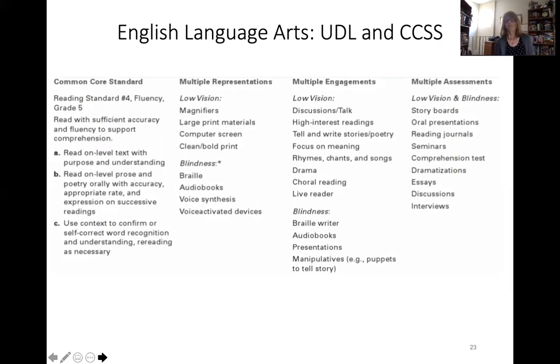We've talked about how this looks like with universal design and the Common Core standards. Take a moment to read that far left column.